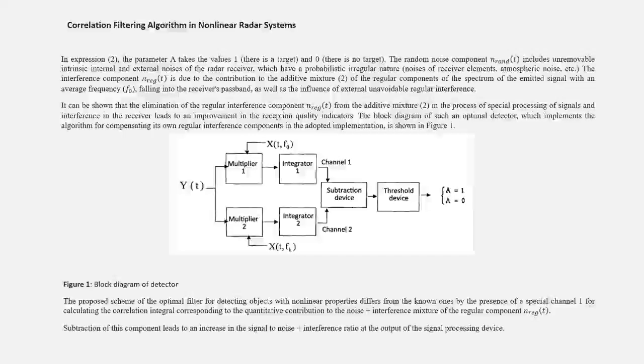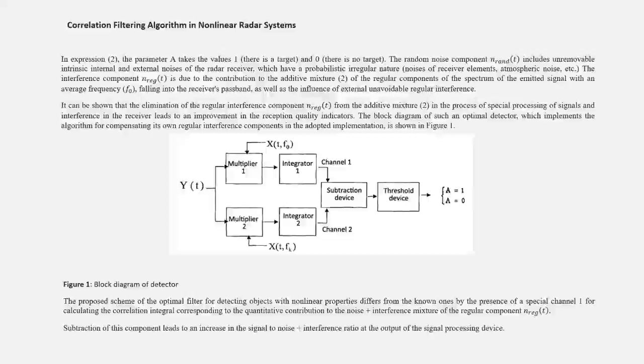It can be shown that the elimination of the regular interference component from the additive mixture in the process of special processing of signal and interference in the receiver leads to improvement of reception quality indicators. The block diagram of such an optimal detector, which implements the algorithm of compensating the own regular interference components in the adopted implementation, is shown in the first figure.